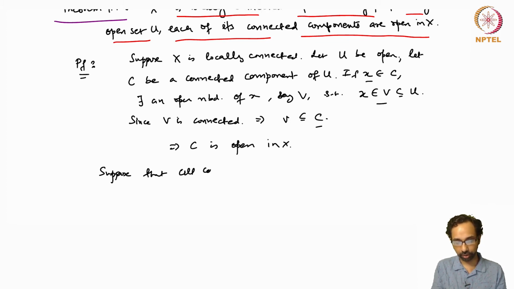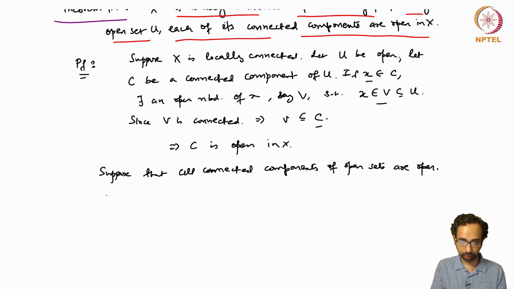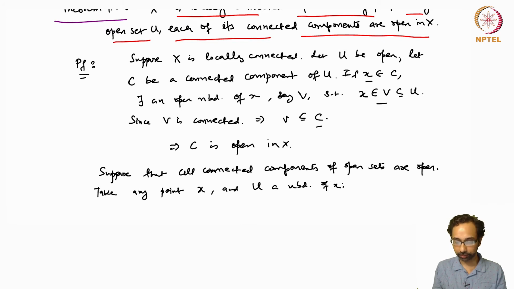And to show the other way around, suppose now that all connected components of open sets are open, and to show that X is locally connected, take any point x and an open neighborhood U of x.